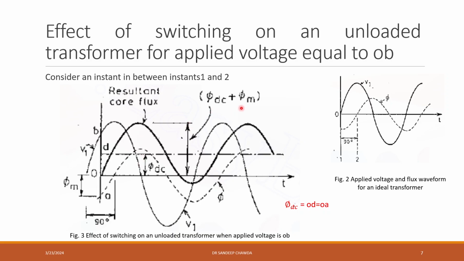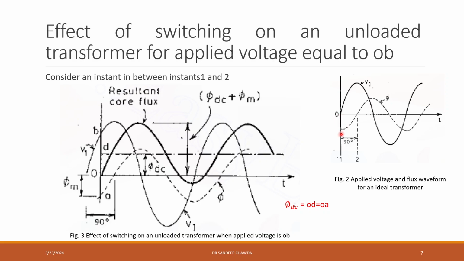There could be another instant when the transformer could be turned on. It could be this instant. At instant number one, the voltage is 0, and we can see the flux has a certain value. When voltage is 0, the value of the flux before switching would be 0, and after switching on, the value would be 0.